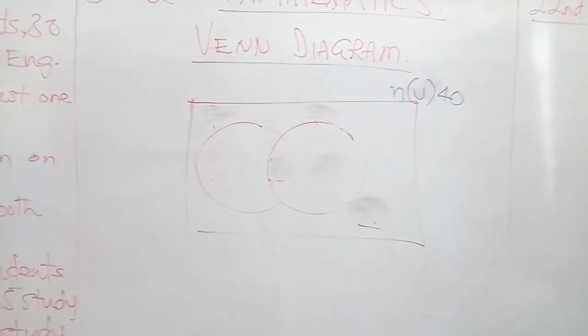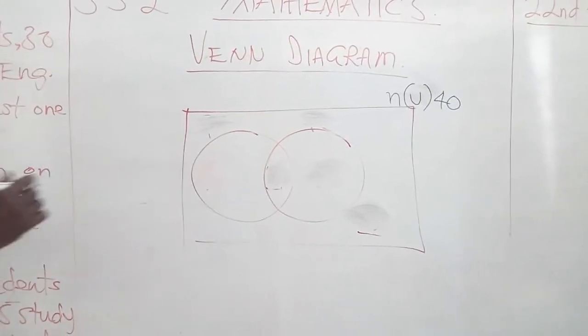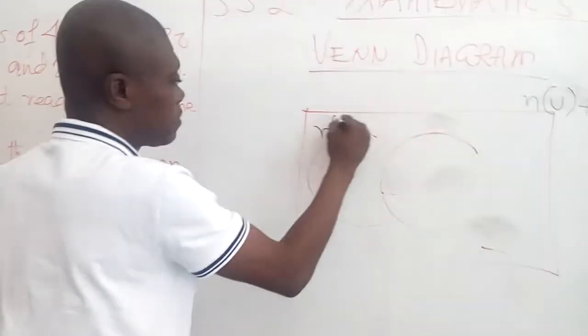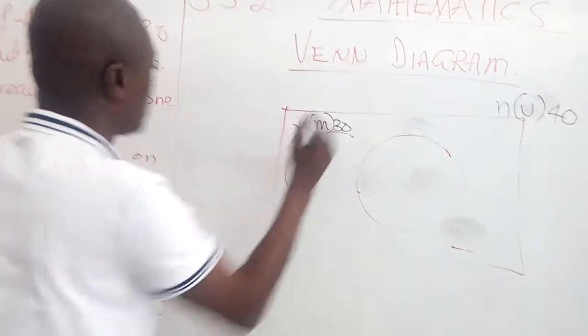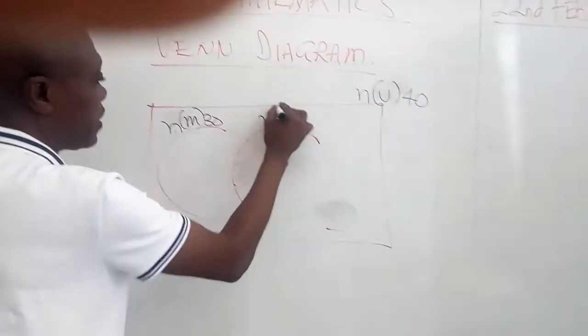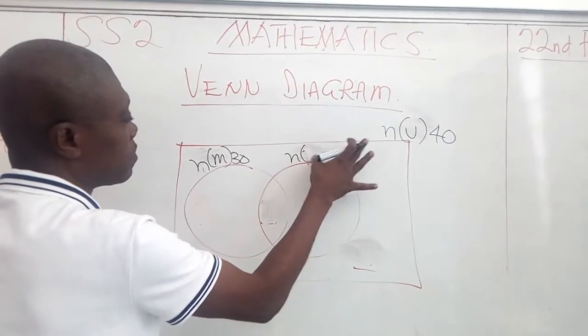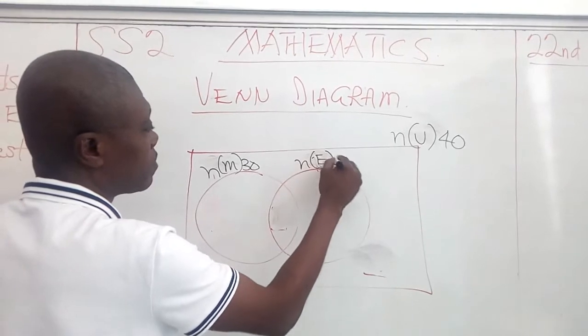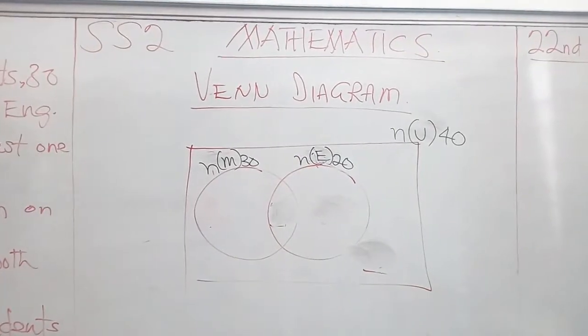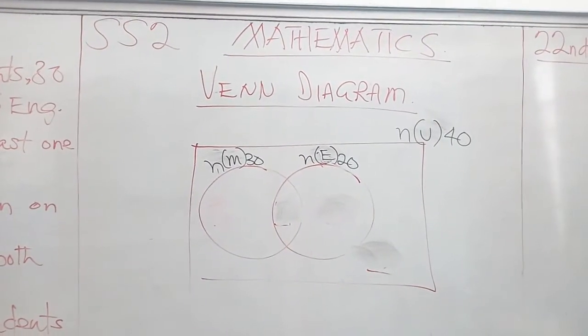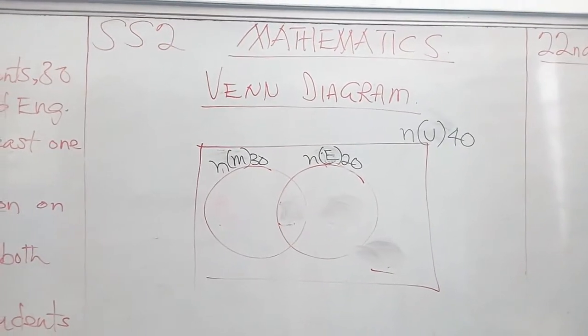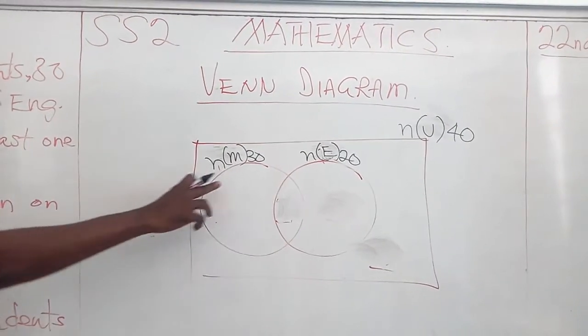Now, mathematics, how many were they? They were 30. Now, English, how many were they? They were 20. And it says we are to illustrate the information on the Venn diagram. We are illustrating the information on the Venn diagram.